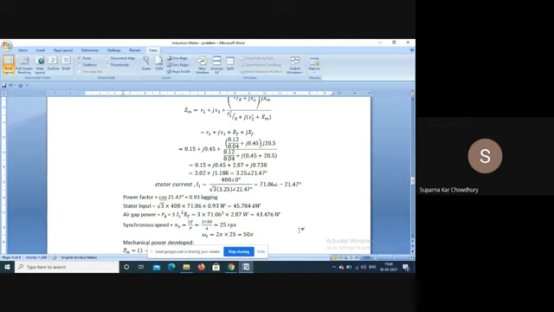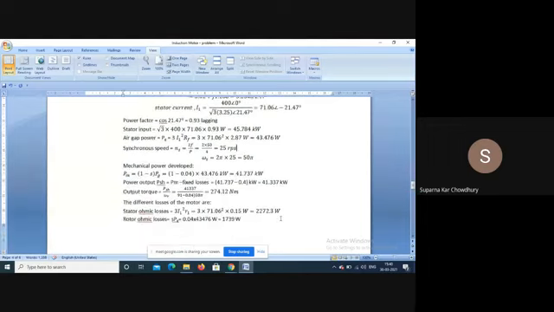Mechanical power developed will be equal to, if you remember the expression, the air gap power was PG, the rotor ohmic loss was S PG, so the rest was the mechanical power developed. So mechanical power developed is 1 minus S into PG. So 1 minus 0.04 into PG, which we have already calculated.